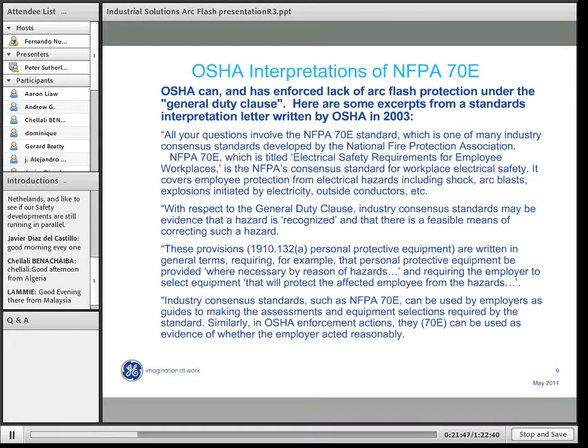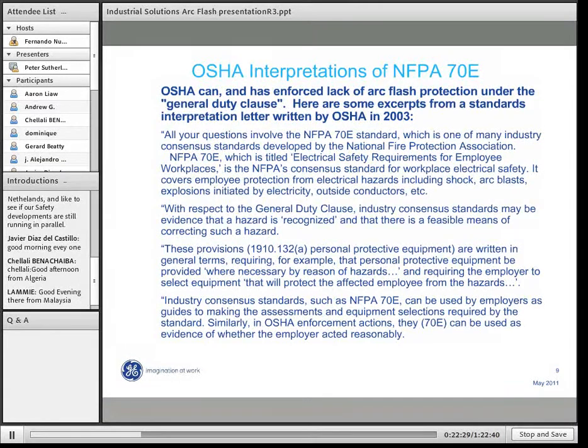However, what the U.S. government is saying is that they are expecting that the users will be following the industry consensus standards regarding safety. And if it's found that, for example, they were violating the requirements of NFPA 70E, they could be cited for negligence if an incident occurred.